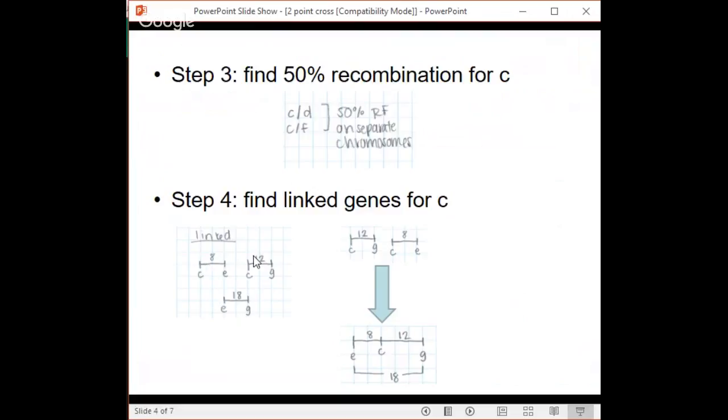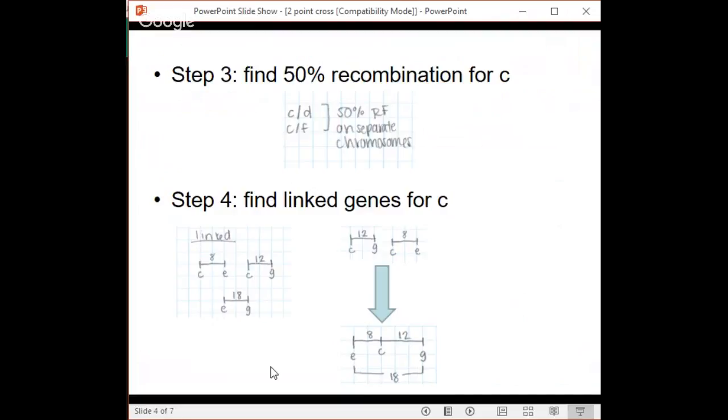So we can already tell right now that these are not going to add up, and I'll explain why here in just a little bit. Little puzzle pieces, and we transpose them. E and G are 18 apart. So that 12 and 8 adds up to 20.